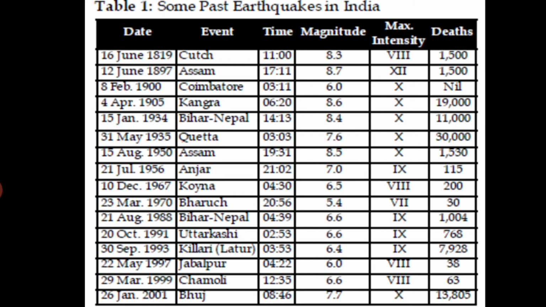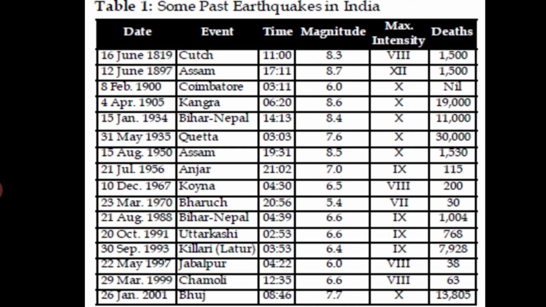Here you can see the magnitude is 8.3, but the intensity is 8, and the deaths were 1500. Same for 1897, with a magnitude of 8.7, intensity near about 12, and deaths of 1500.